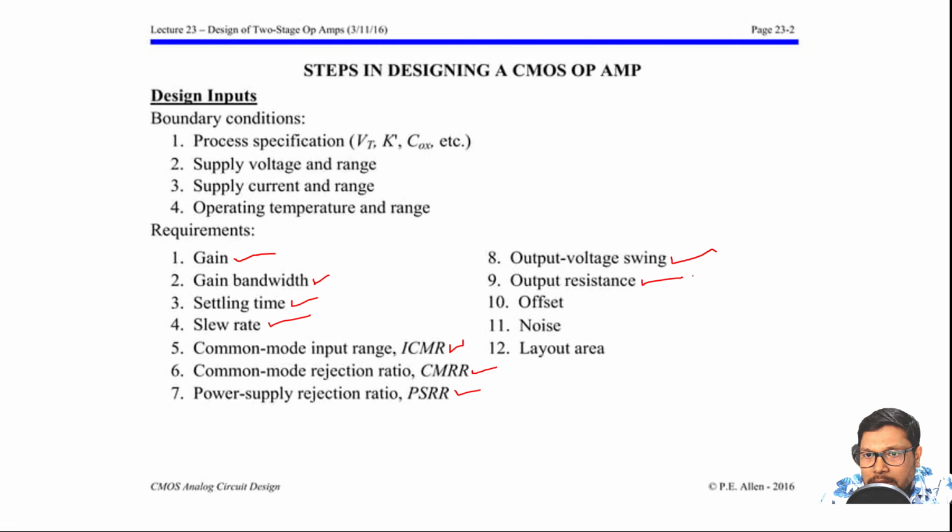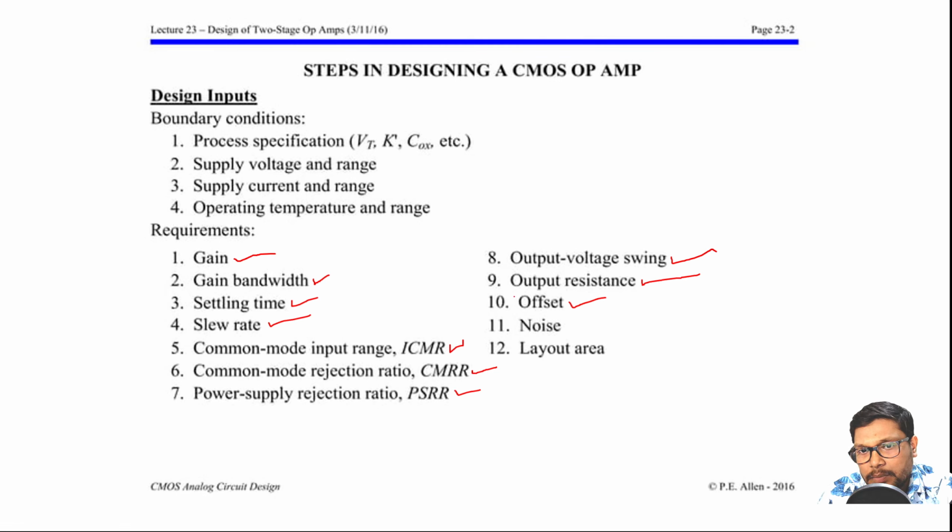What is the output resistance, that is R2, or we can call it R06 parallel R07 from the previous slide. What is the offset: if you give no voltage at the input, what is the output, that is the offset voltage.